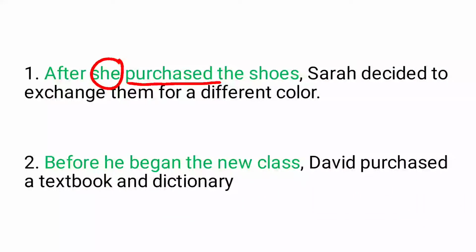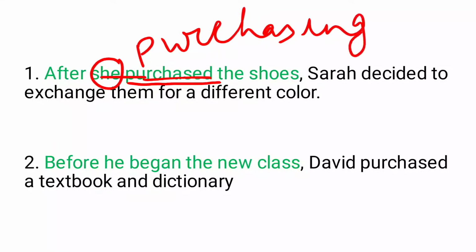So, what are we going to write? We will write after purchasing. We will make it purchasing. So, after purchasing the shoes, Sarah decided to exchange them for a different color. So, this is how we got one subject, Sarah, and we changed our verb from purchased to ing form. And this is how we got an adverbial phrase.